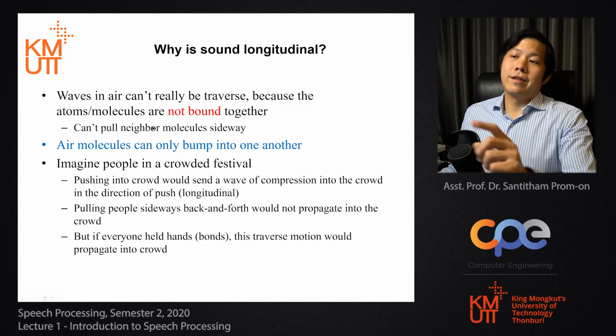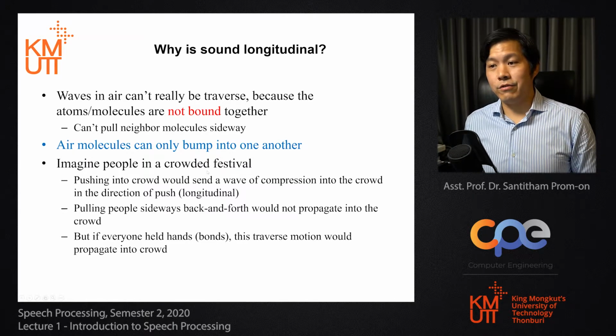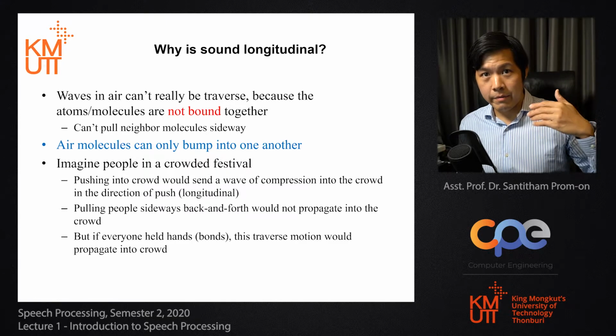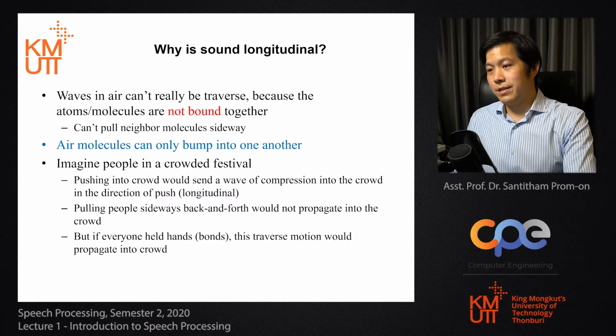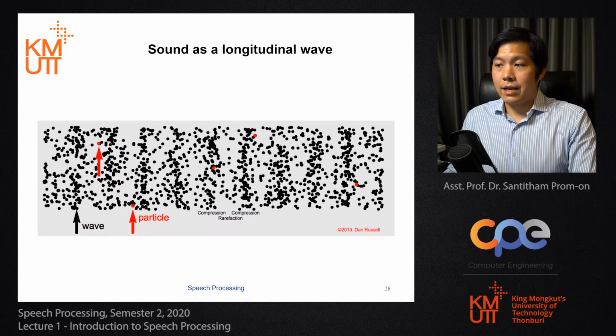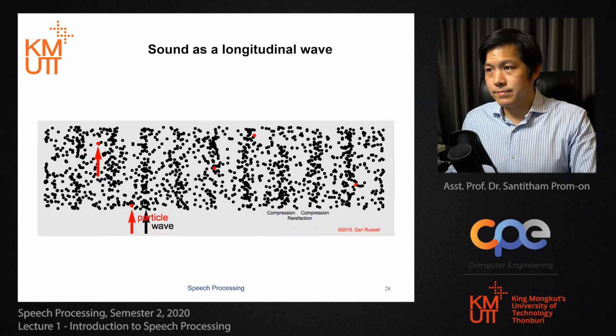You can play with this in a crowded line. If you push your friend, the wave of pushing will propagate through the line to the front. So this is how sound travels through space.